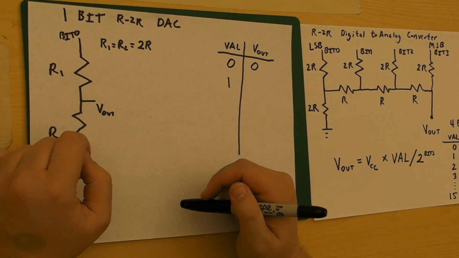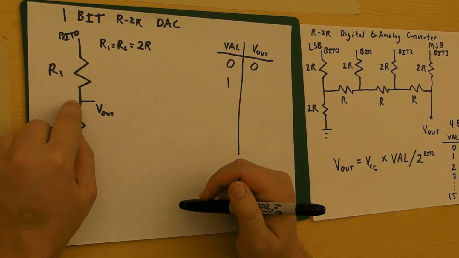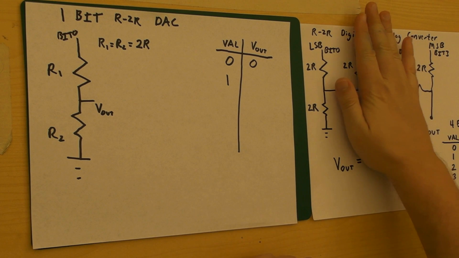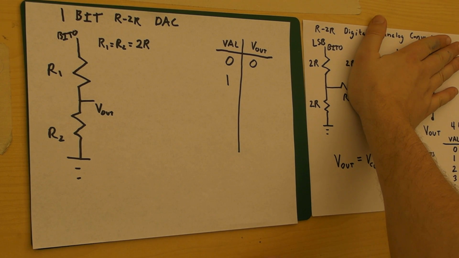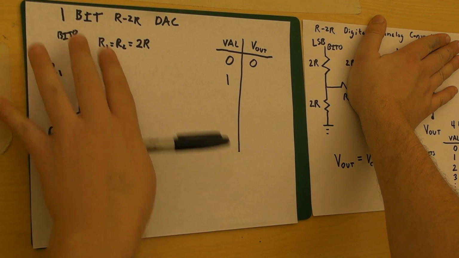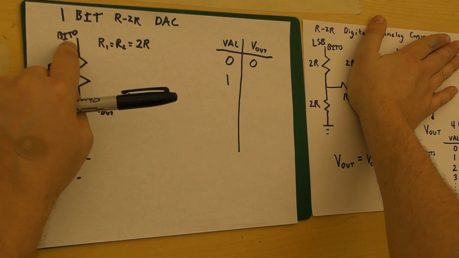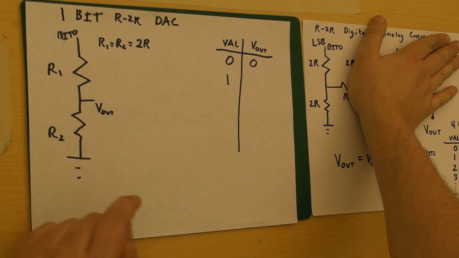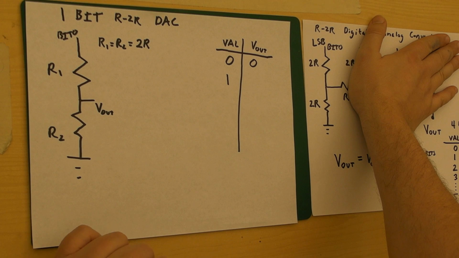So in this case, I only have V out coming from between these two resistors, R1 and R2. Now this is the same as if we're just looking at the left side of this circuit, right? We're only going to make a 1-bit system, so that's all there is to this circuit. We have 1 bit on the microcontroller and ground. Now, this looks like and is a simple voltage divider.